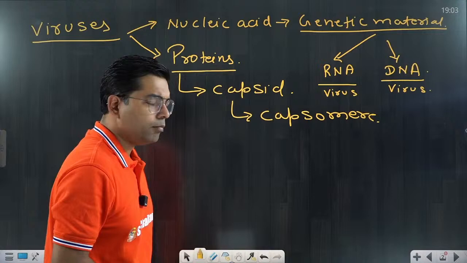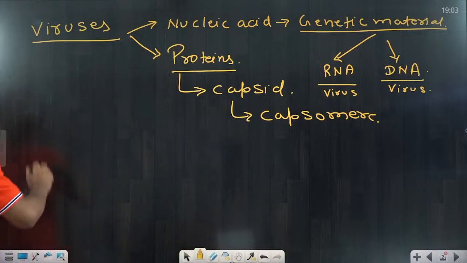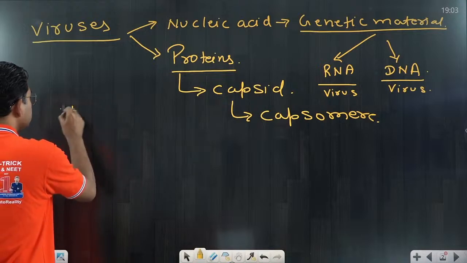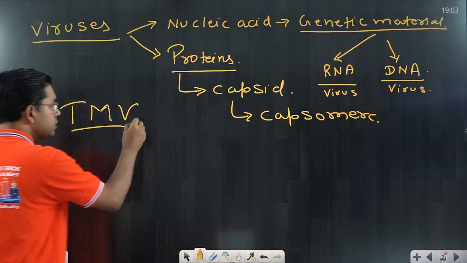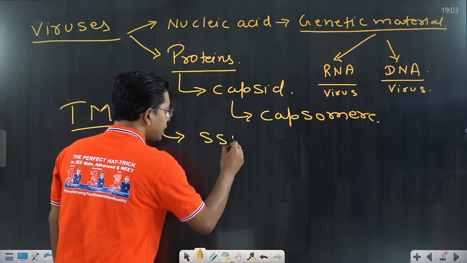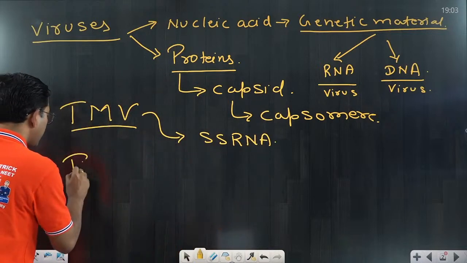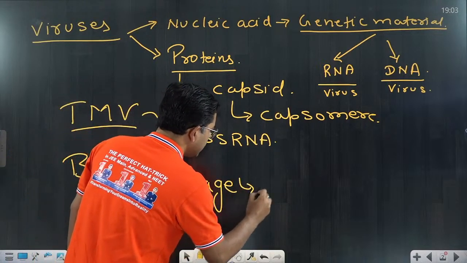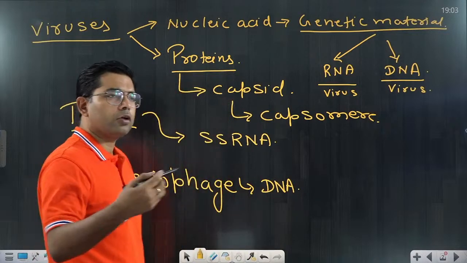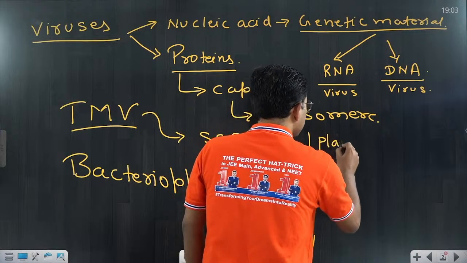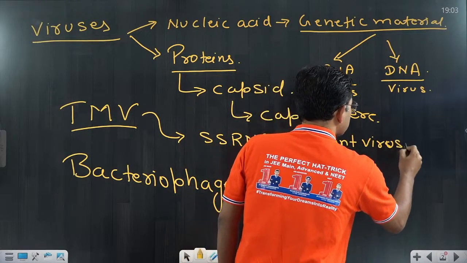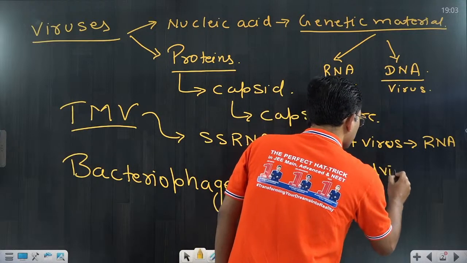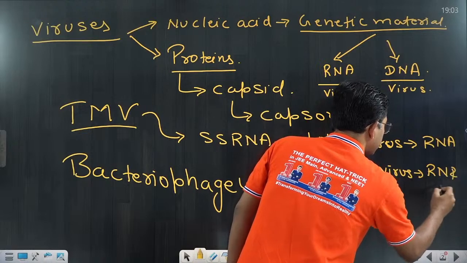Viruses cause several diseases, and we saw two important types of virus: TMV, tobacco mosaic virus, which has single stranded RNA as genetic material, and the bacteriophage, which has DNA as genetic material. Accordingly, a virus can be a plant virus, which has RNA as the genetic material, or an animal virus, which has both RNA and DNA as the genetic material.